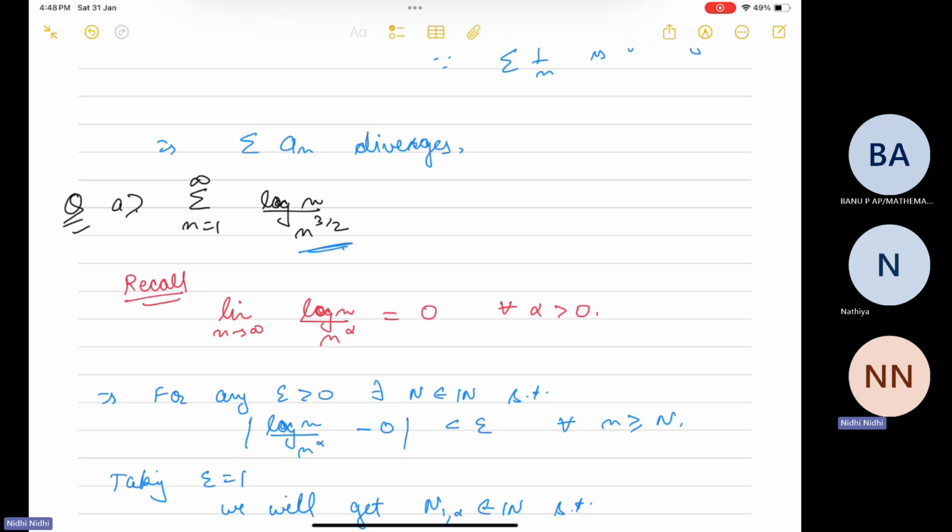So I basically want to show that log n upon n to the power 3 by 2 is less than 1 upon n to the power p for some p strictly greater than 1. Because in that case, the series corresponding to this will be the p series, and since p is greater than 1, by p series test, this will be convergent.